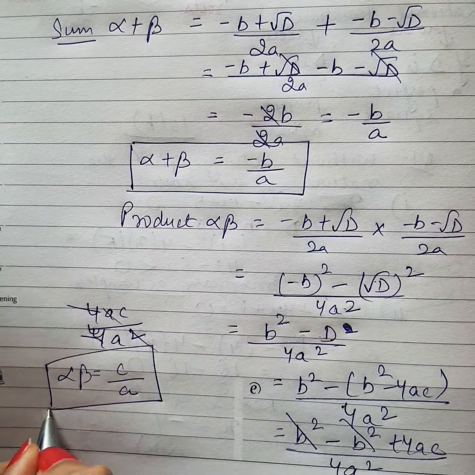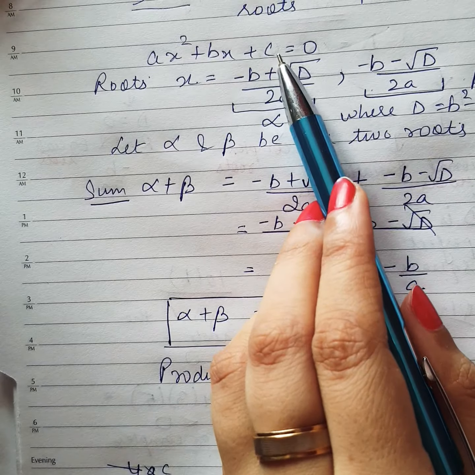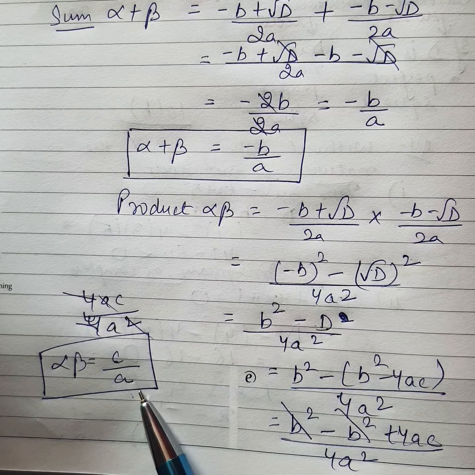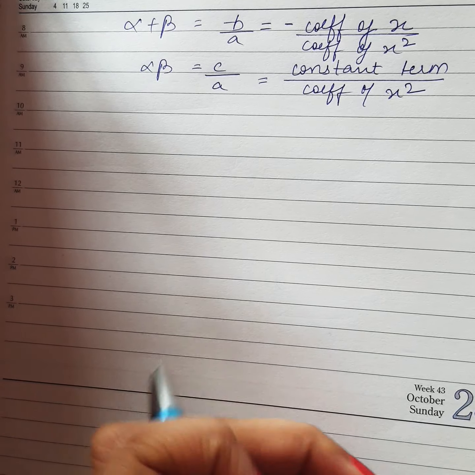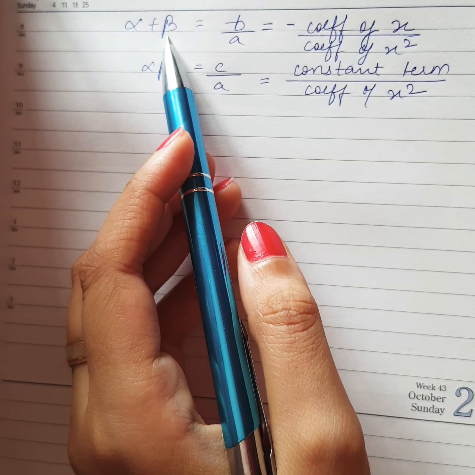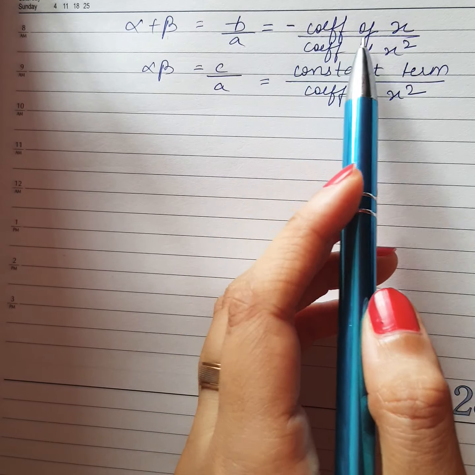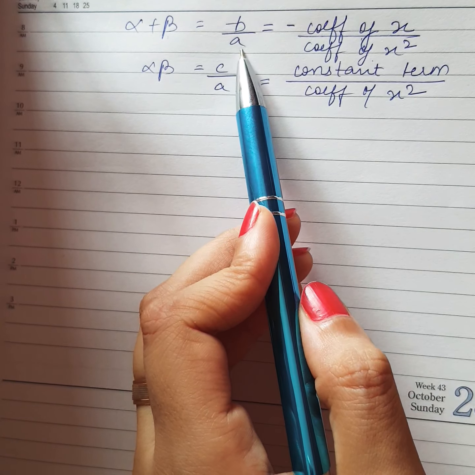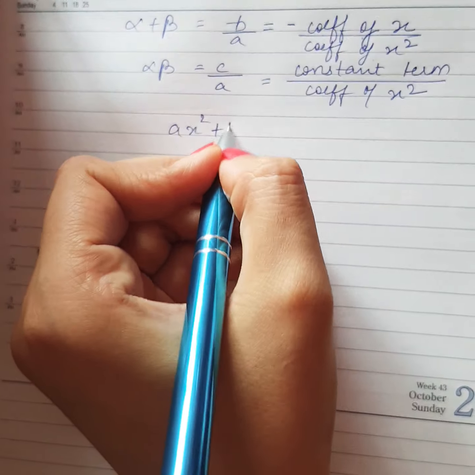The product is the constant term divided by a, the coefficient of x square. So from all that we have found that the sum of the roots of any quadratic equation will be minus coefficient of x upon coefficient of x square, or directly you can remember minus b by a if you know the standard form.